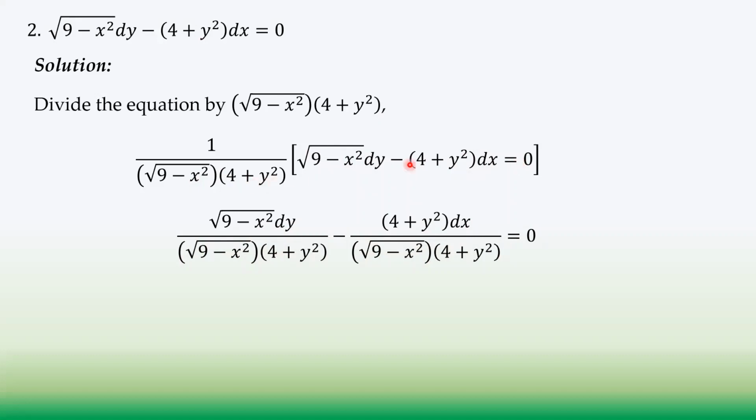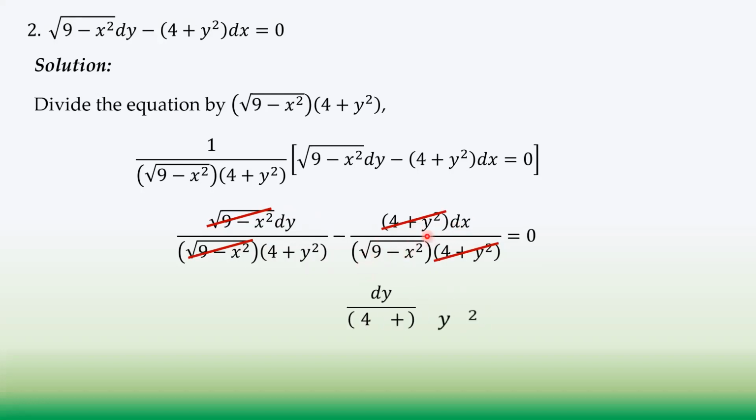0 pa din siya. 0 over square root of 9 minus x squared times 4 plus y squared is 0 pa din. Okay. So dito cancel yung square root of 9 minus x squared. Ito naman cancel yung 4 plus y squared. Kaya meron na lang tayong dy over 4 plus y squared, dx over square root of 9 minus x squared.